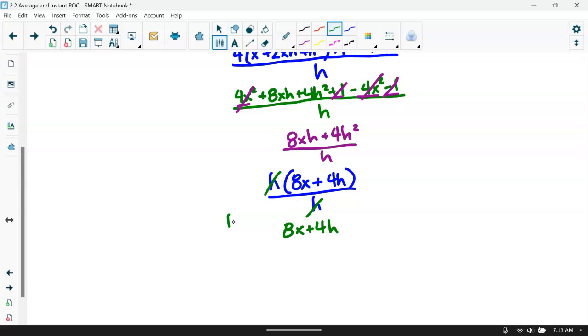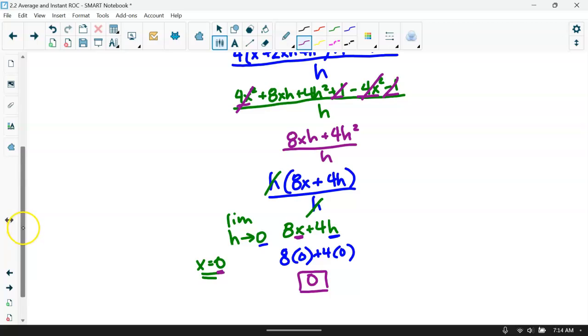Now keep in mind, this is the limit as h approaches 0, where x is equal to 0. So let's go through now and we can substitute. So this is 8 times 0 plus 4 times 0, because our limit value h is 0, and our x value is 0. So here that means our instantaneous rate of change is a flat line of 0.